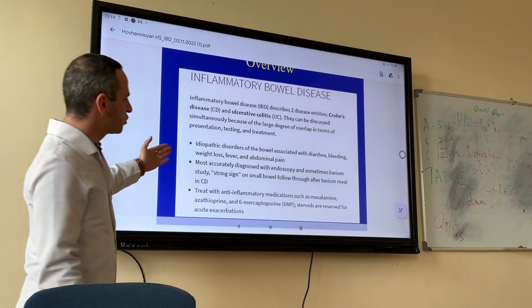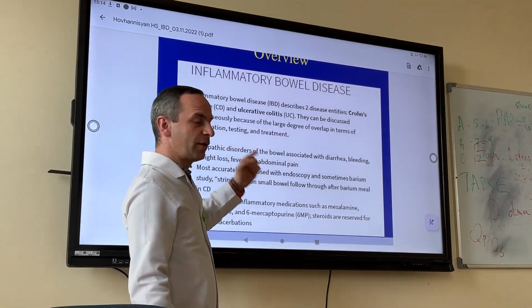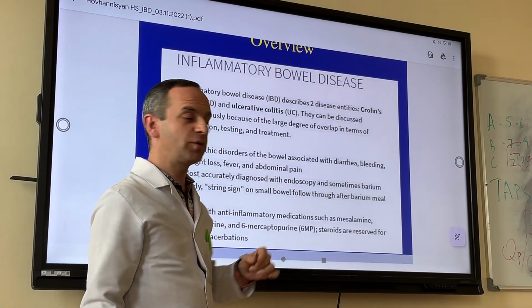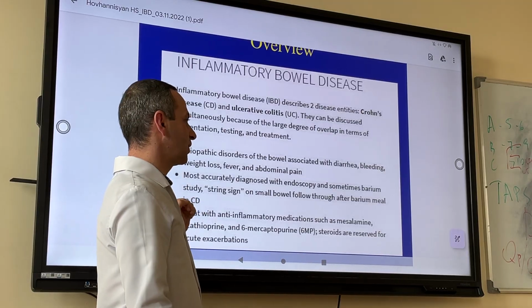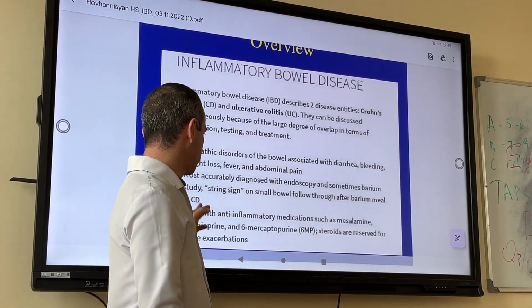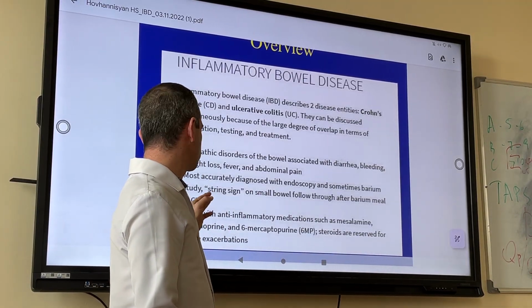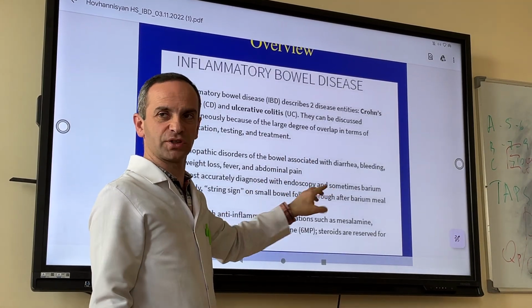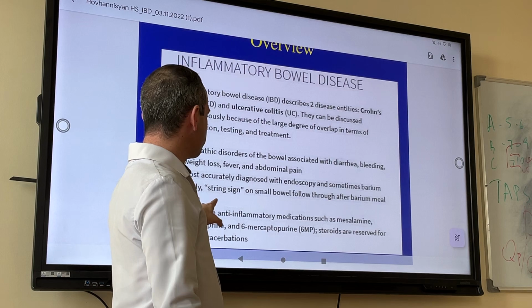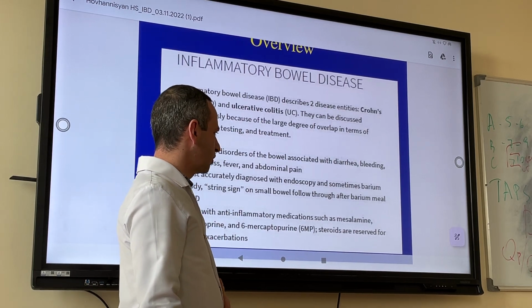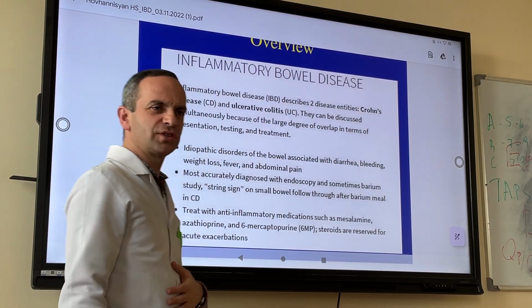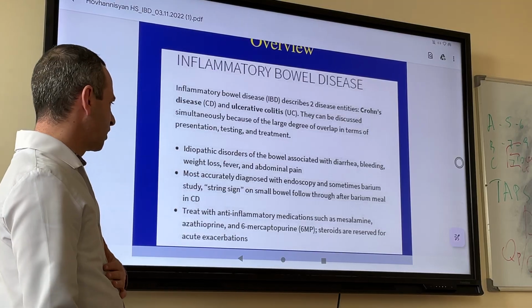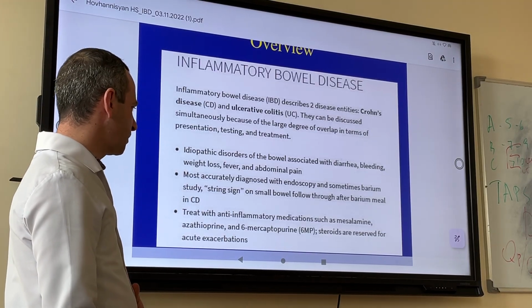So these are idiopathic disorders of the bowel associated with diarrhea, sometimes bloody diarrhea, weight loss, fever, and abdominal pain. Most accurately diagnosed with endoscopy and then biopsy. A string sign on small bowel follow-through after barium meal is seen in Crohn's disease. I'll show you. And medications: anti-inflammatory medications.